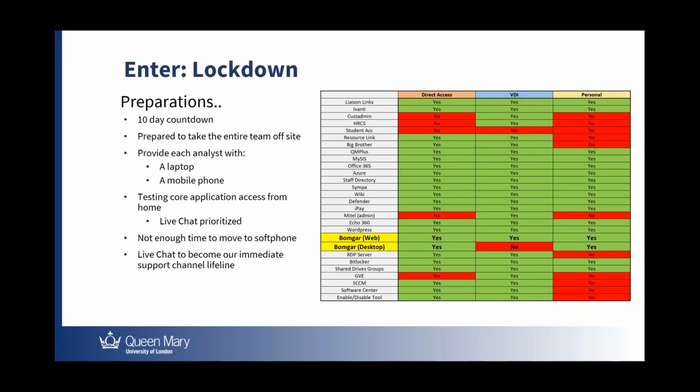And without saying, as we didn't have soft phone, we knew already that live chat was going to be our immediate support channel. So we knew we needed to make sure we pushed that to the forefront. So more work was done to ensure the live chat button was available and clear to everyone.